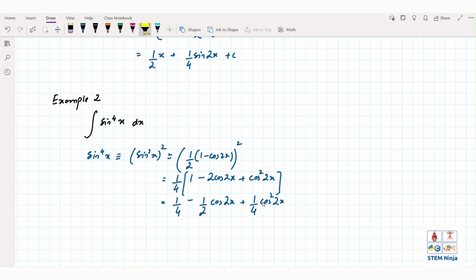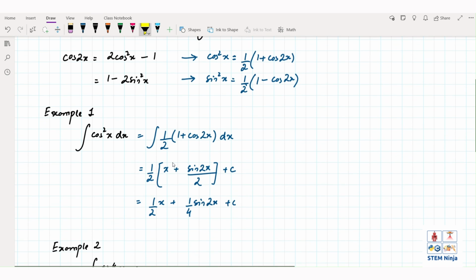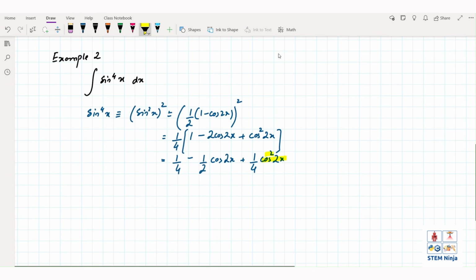Now, we have a problem with this. We don't want to see this. So what we do is we expand cos squared 2x with its own double angle identity. If it's cos x, it becomes double, so if it's cos 2x, the angle inside becomes cos 4x. So cos squared 2x will expand into 1 over 2, 1 plus cos 4x.